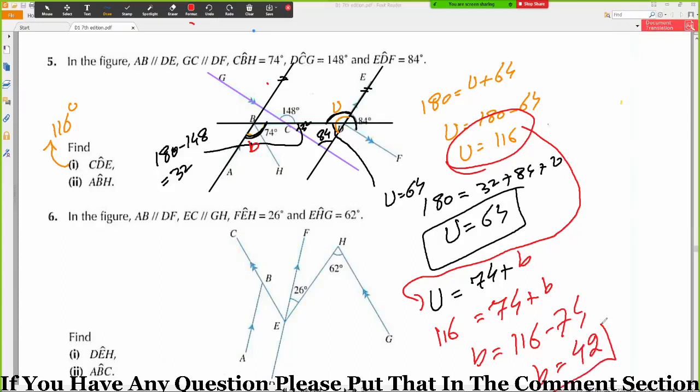So your B angle will be equal to 42. This angle will be equal to 42, which is the answer of second part.